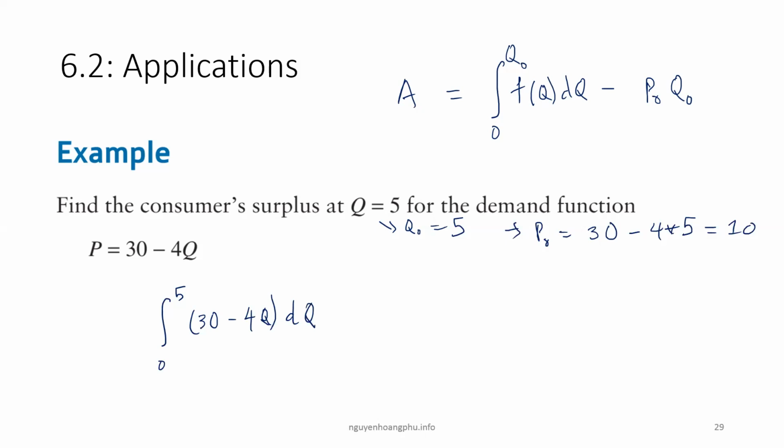So what you need is to find this one. The antiderivative F(Q) will be equal to 30Q minus 4Q square divided by 2, so we have 30Q minus 2Q square.